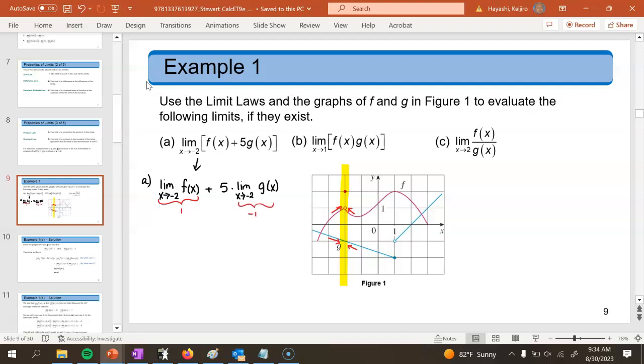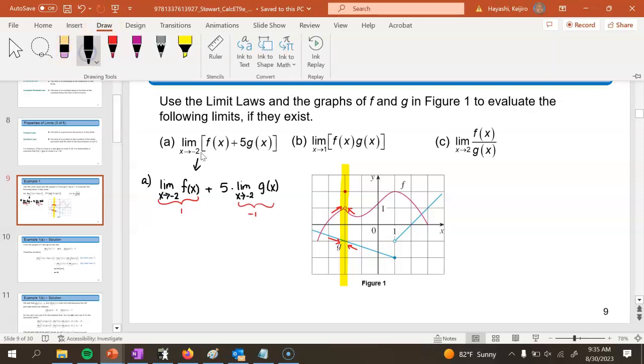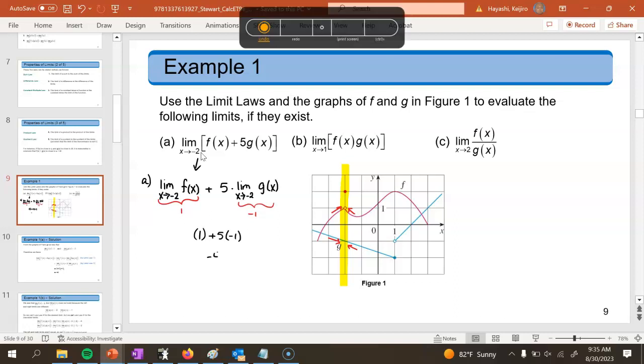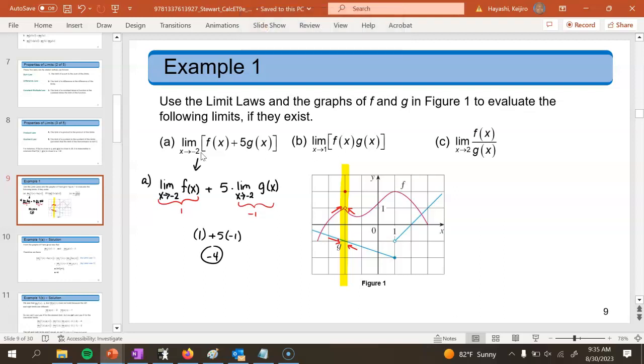So this is -1. So what we have is 1 plus 5 times -1. So that's 1 minus 5, which is -4.